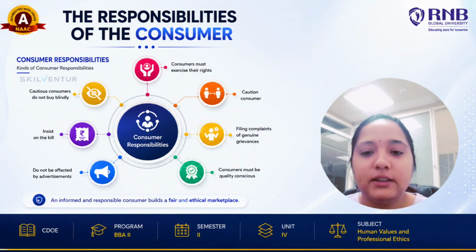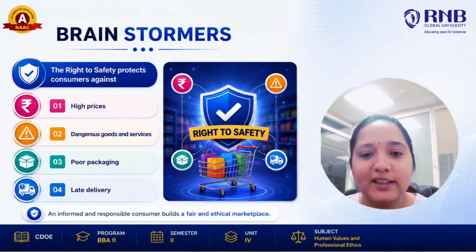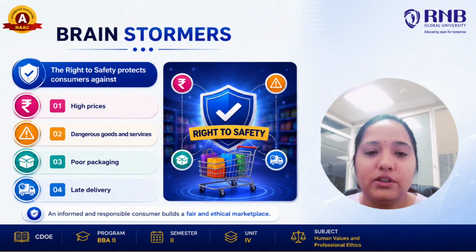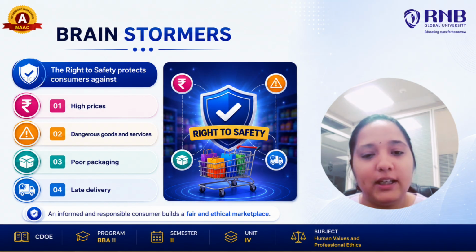Now let us look at some questions to revise the entire concept that we have studied so far. The first question is, the right to safety protects the consumers against, here are your options: high prices, dangerous goods and services, poor packaging, or late delivery.